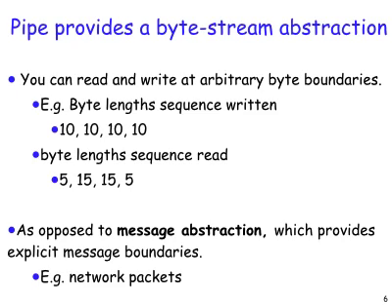Or the reader and the writer can choose any other byte boundaries to read or write from the pipe. In contrast, message abstraction specifies explicit message exchanges. In the above example, using message abstraction, the reader would have to read 10 bytes at a time, each read being one message.